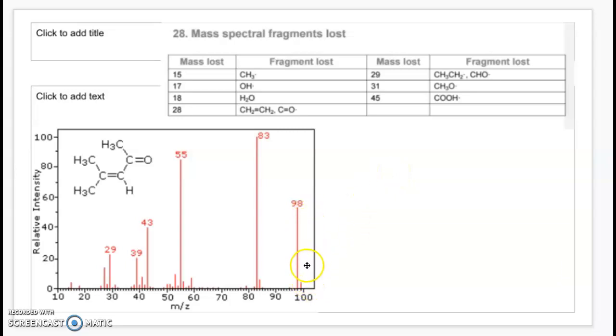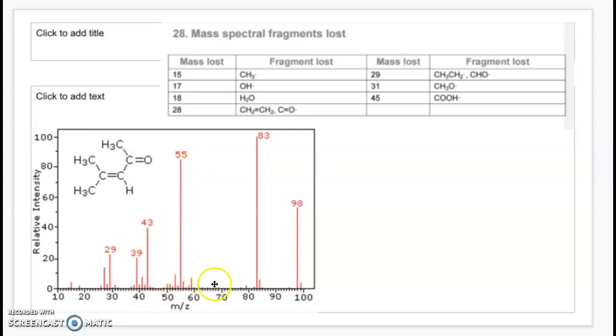This line here represents the mass of the fragment if all you do is take the molecule and knock off an electron to make it a positively charged ion. So this top number is actually the entire molecule. So the molecular mass here is 98. And then we have other fragments, 83, 55, 43, 39, and 29.